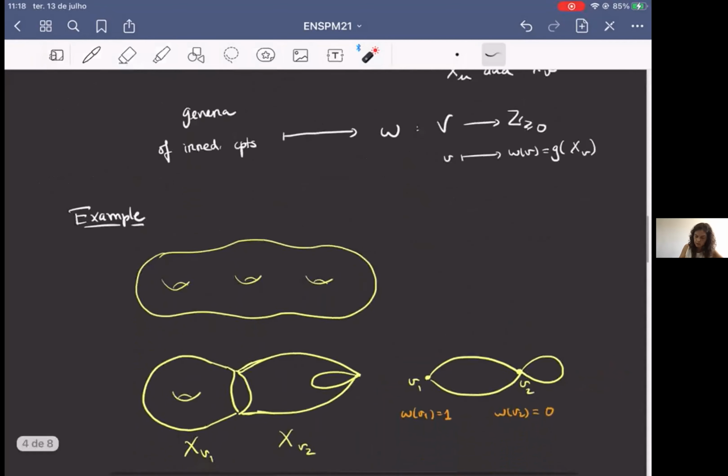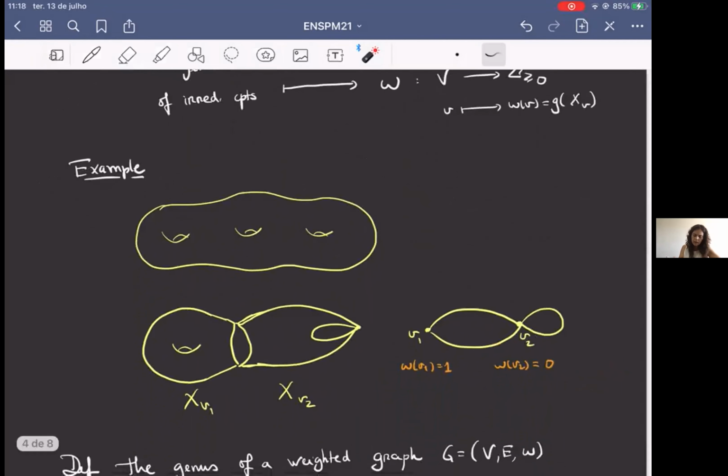So the example here: start with a genus 3 curve and imagine that this degenerates to a nodal curve like this, for instance, by stretching these 2 nodes here and this one over here, by creating these nodes like this.